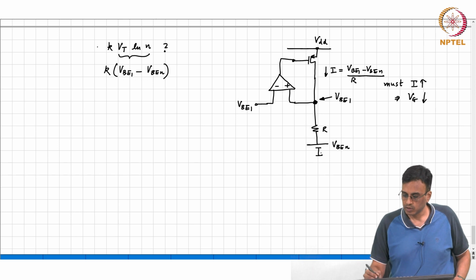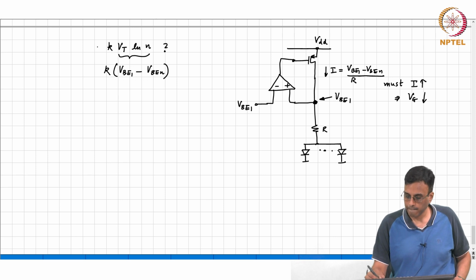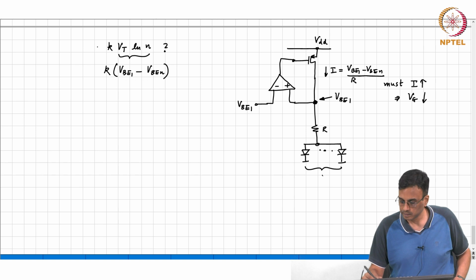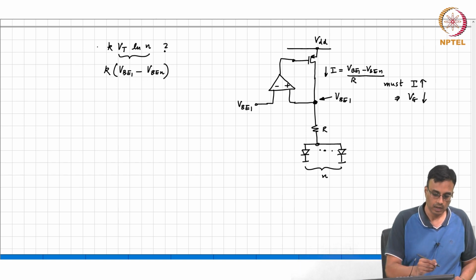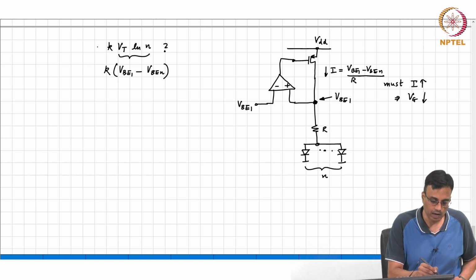And so Vben is nothing but n diodes in parallel. So this will give us Vbe1 minus Vben by R. Okay. So we will continue in the next class.